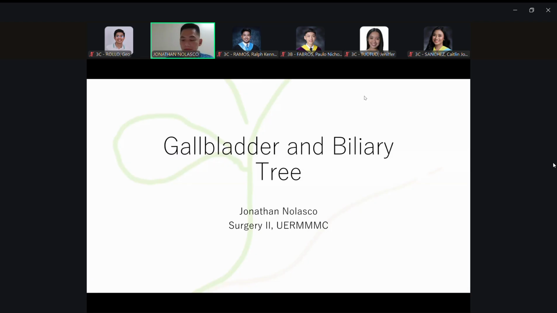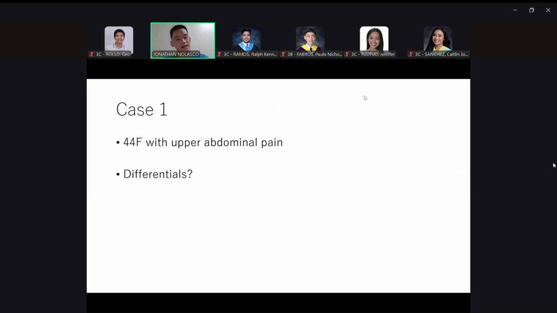All right, so let's start with our first case. Very little data here. 44-year-old female presenting at your clinic or emergency room, or even probably just a relative asking you about upper abdominal pain.